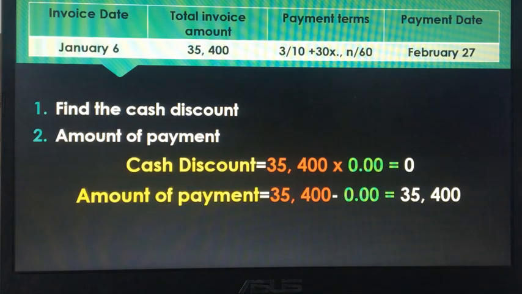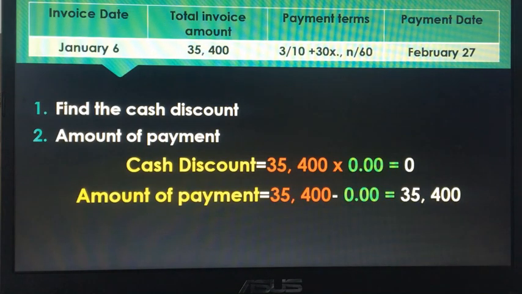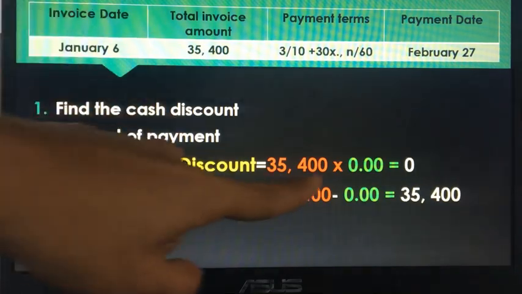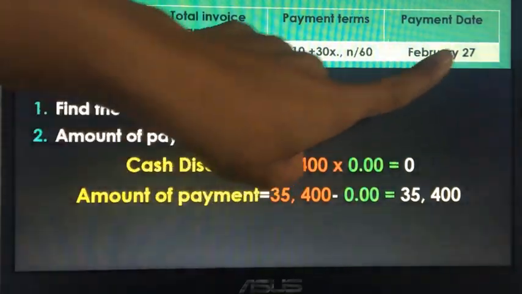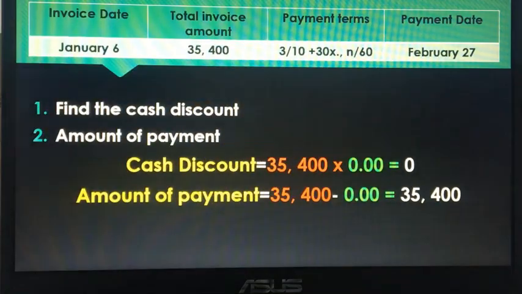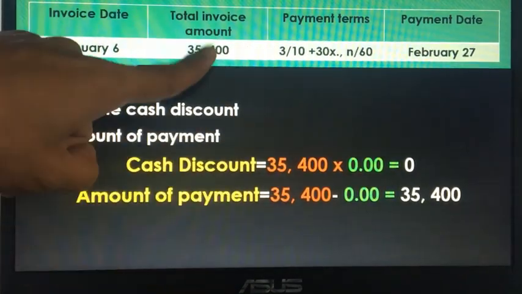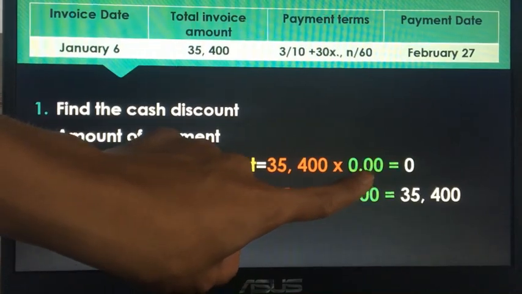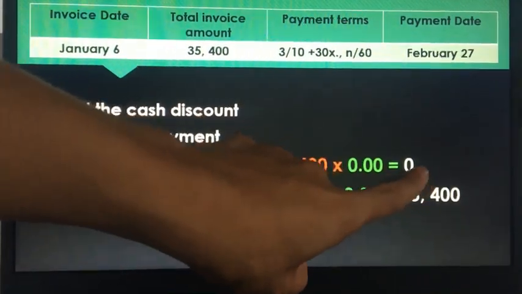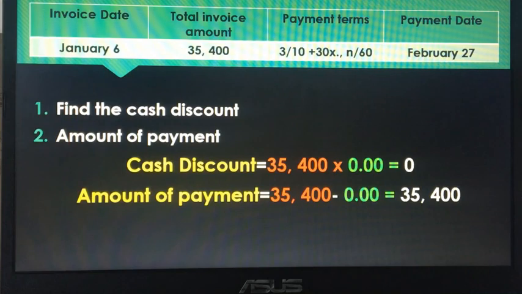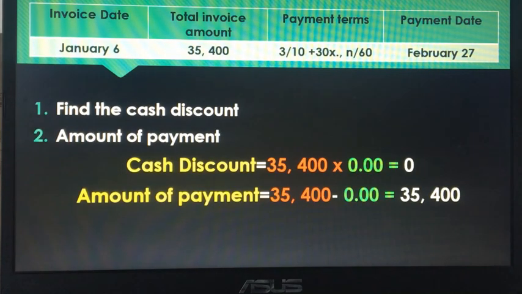So meaning, our rate here is 0, because the buyer is no longer granted the 3%. So that is 35,400 times 0, which is 0, meaning the buyer should pay the full amount. What is the full amount? 35,400.